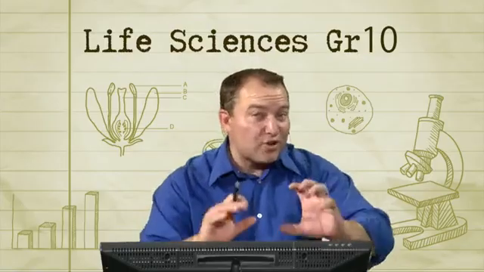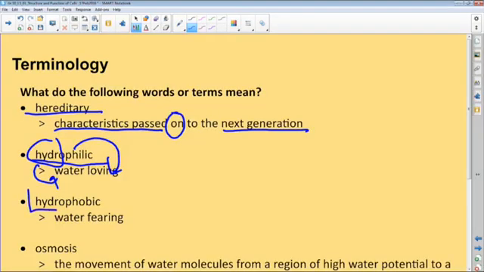We had hydrophilic, and now we've got hydrophobic. Phobic is a fear. Hydro means water, which you're getting quite easily now, and phobic means fear. So the one is your hydrophilic, and the other is your hydrophobic.